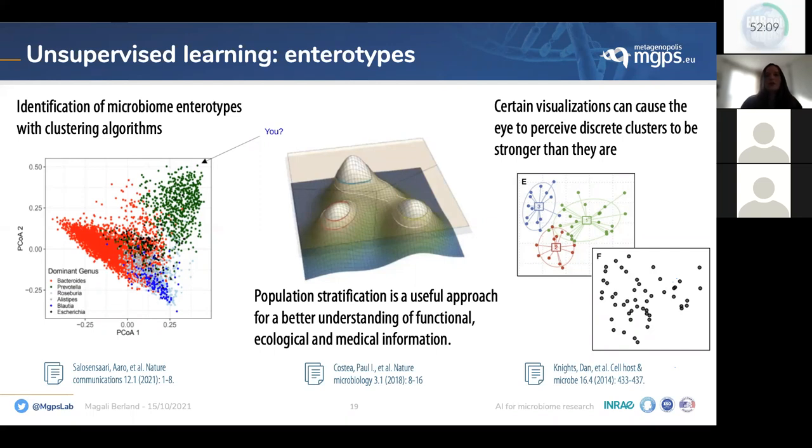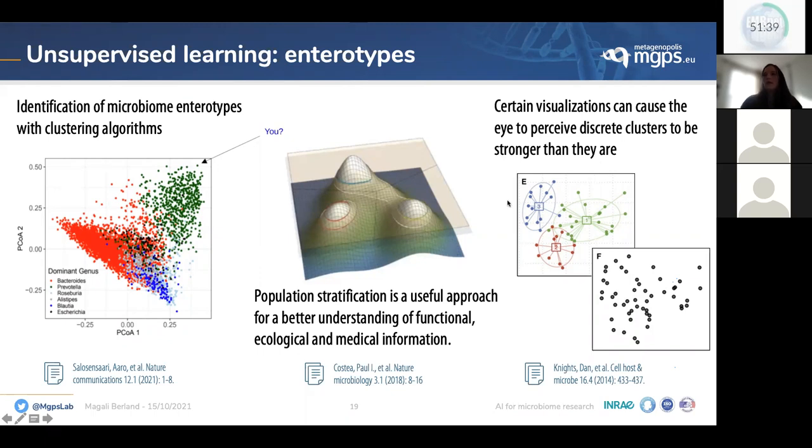And the interest of doing this is to have a link with the functional, ecological, medical information. However, there is some controversy about this method because there are a lot of different ways to calculate distances and to perform normalization on the data. And so some people say that it's hard to have really meaningful clusters.